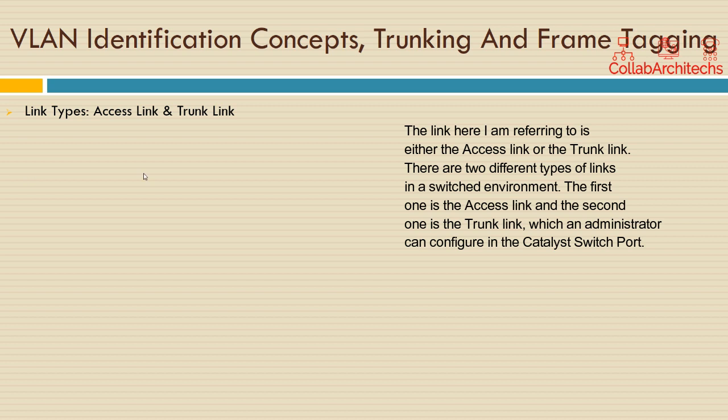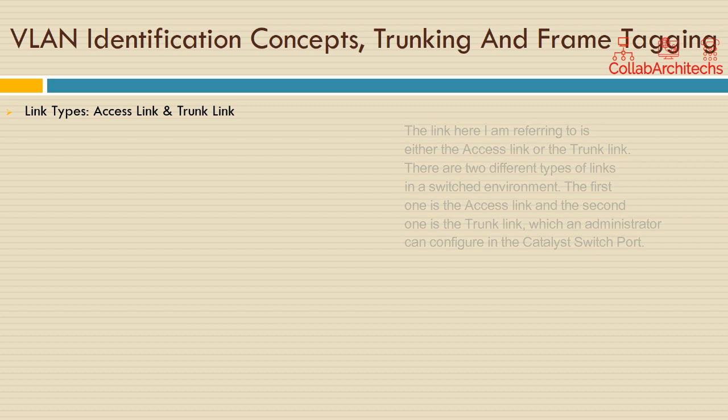The link here I am referring to is either the access link or the trunk link. There are two types of links in a switched environment. The first one is the access link and the second one is the trunk link, which an administrator can configure in the Catalyst switch port.